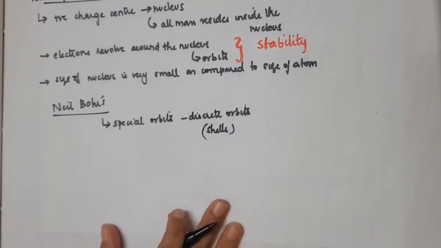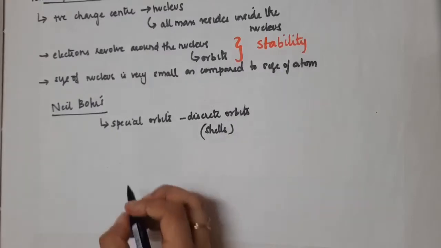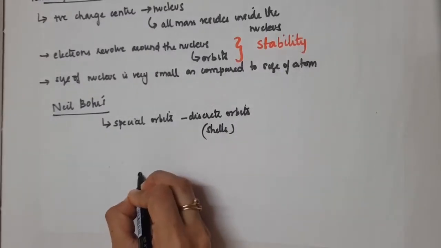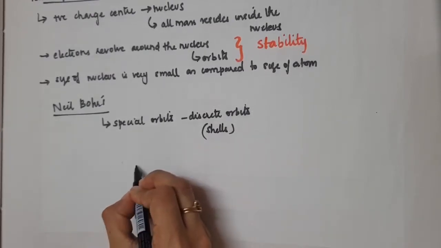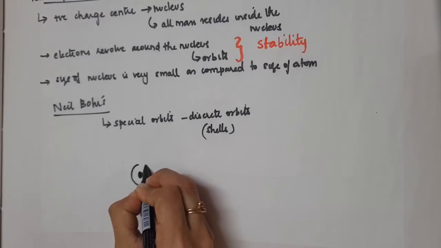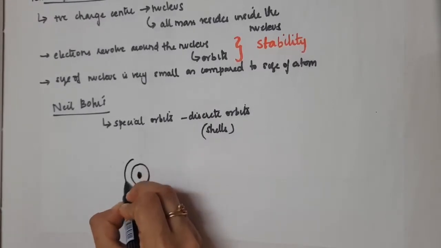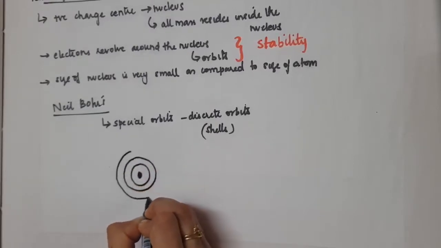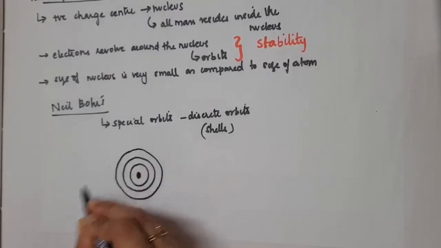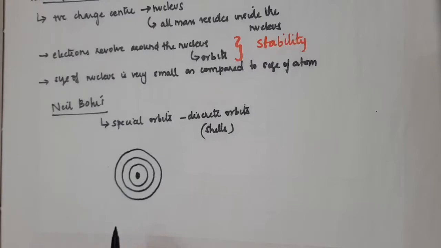So let's see how it is. Inside an atom, this is the nucleus. The positive charge and the mass of the atom reside in this, and then there are these discrete orbits or shells. They have special names.